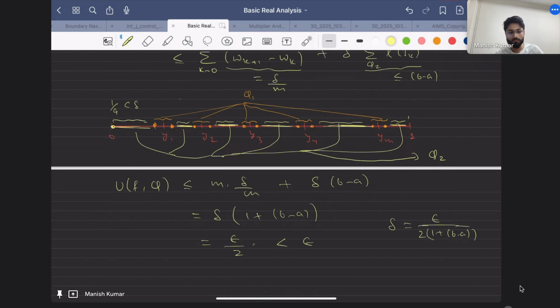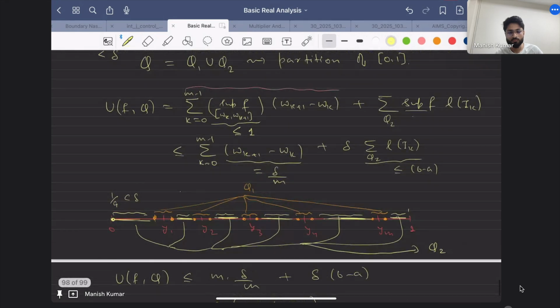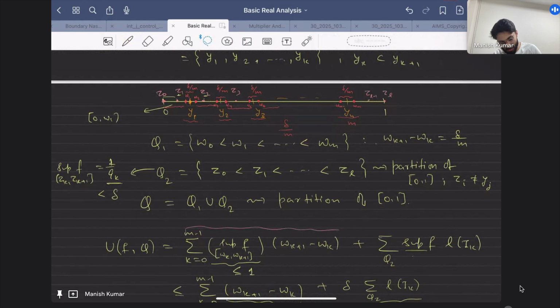So this is a bit clumsily written, so you better understand this picture.